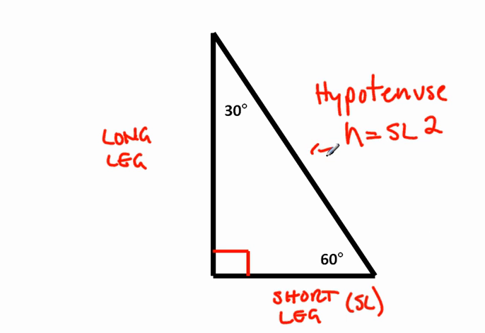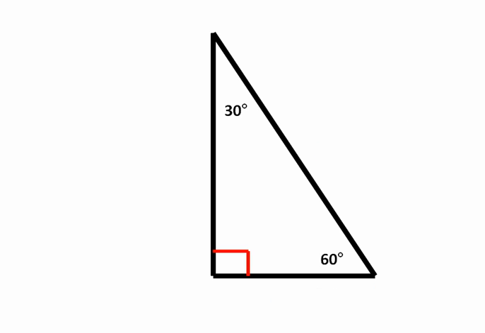And we learned that the long leg is equal to the short leg times root 3. This is always the case in a 30, 60, 90 triangle. And we experimented with this in class, so we know that this is true. So now let's take a look at some example problems.